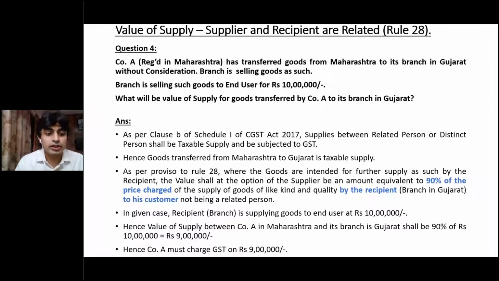So company A from Maharashtra has to charge GST on only 9 lakh rupees, 90% of the price charged by the recipient, Gujarat, to the end user, the customer. So company A must charge GST on how much? 9 lakh rupees. Okay. So this was my question 4.